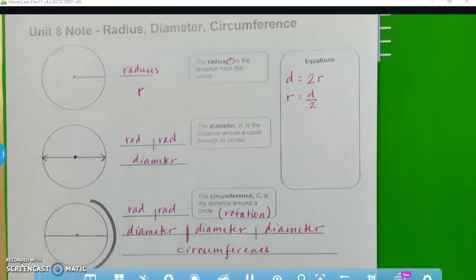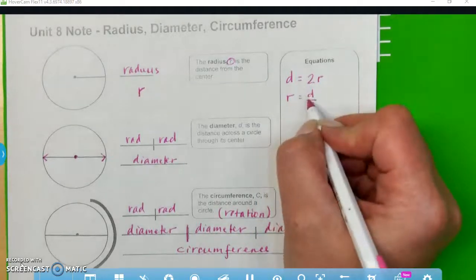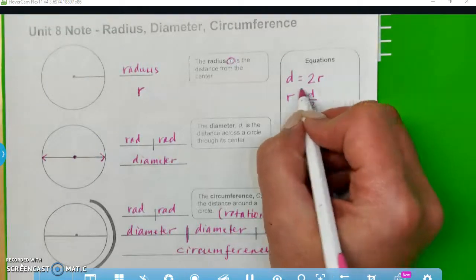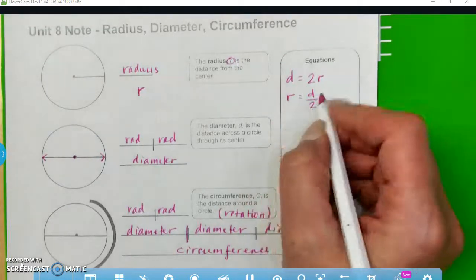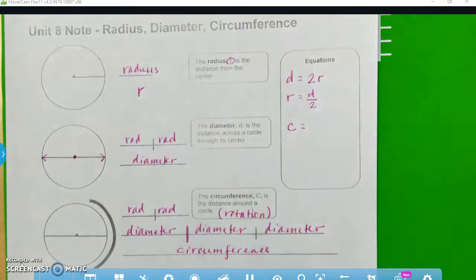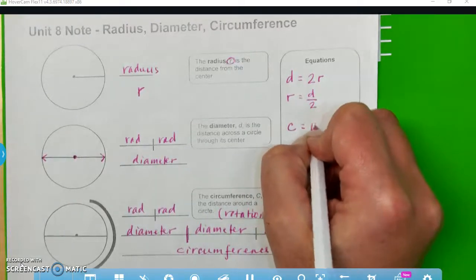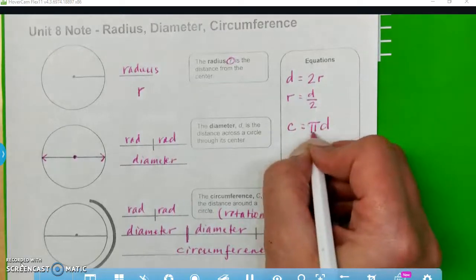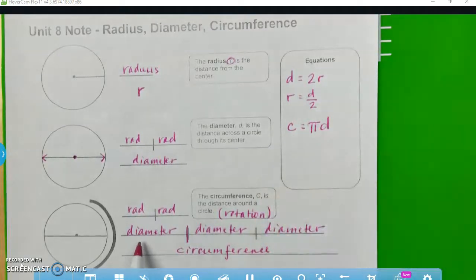We have 2 formulas for circumference. It's all going to depend on what you are given to work with. So you have a diameter measure or a radius measure. We can use them both to find circumference. If we have diameter, we would say pi times diameter. The value of pi is approximately 3.14.